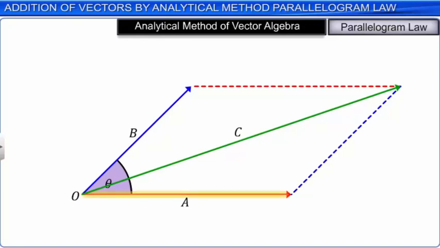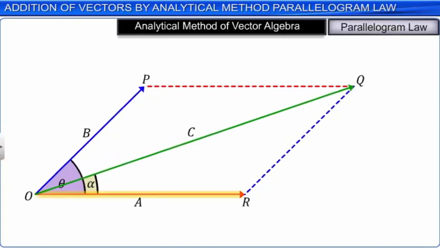The resultant vector C makes an angle alpha with vector A. In this figure, OP represents vector B, OR represents vector A, and OQ represents the resultant vector C. Extend line OR.